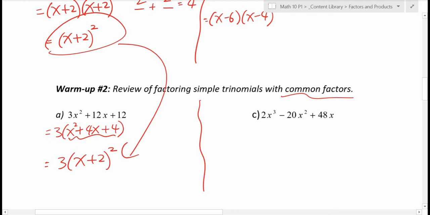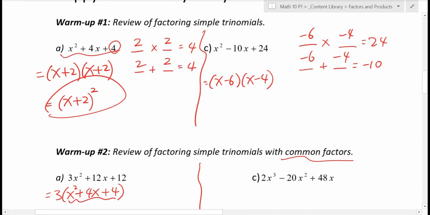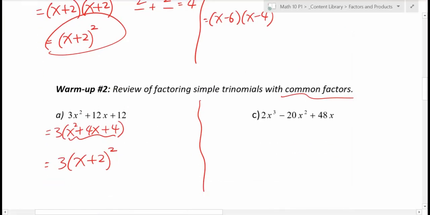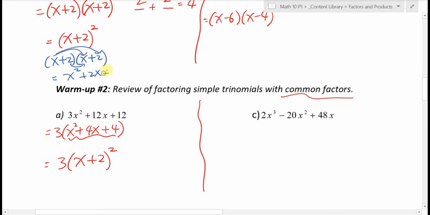Okay, now quickly though, let me just review with you that factoring is just the opposite of expansion, right? So if you were to expand x plus 2 squared, that is just x plus 2 times x plus 2. And if you expand, that's x times x, x squared, x times 2, it's 2x, 2 times x, and finally 2 times 2.